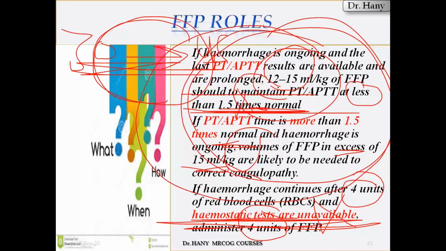And actually, the RCOG loves these tricks. So more than 1.5 times normal, give more than 15 milliliters per kg. Between normal and 1.5 times normal, give the specific dose, 12 to 15. If you have no labs in your hospital, 4 to 4, and this is called the massive blood transfusion protocol. Clear?